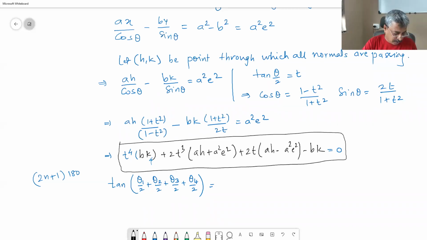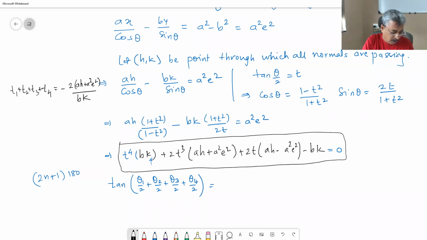First information that we get is sigma 1, that is T1 plus T2 plus T3 plus T4, is equal to minus 2 into AH plus A square E square divided by BK.